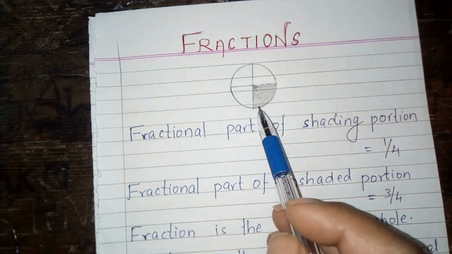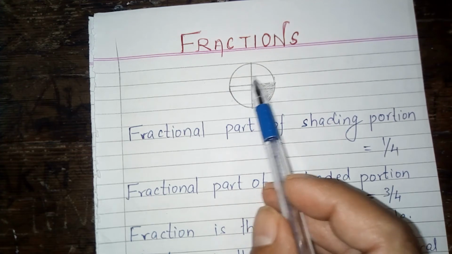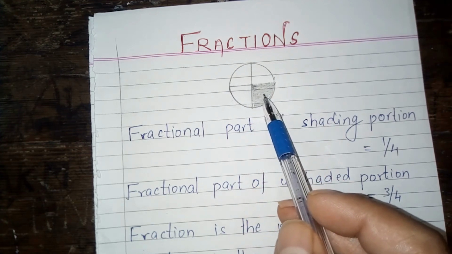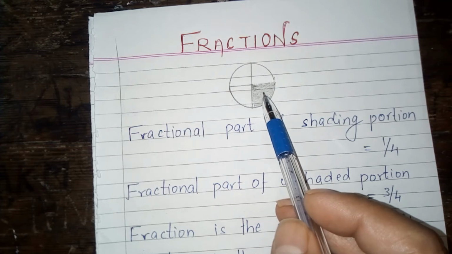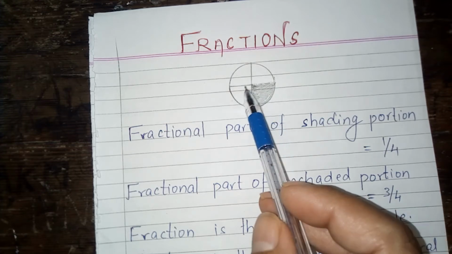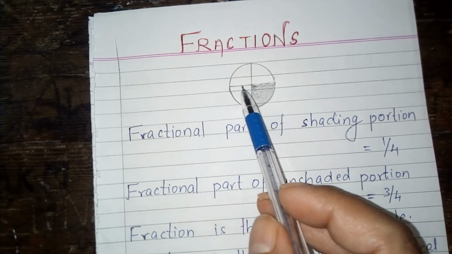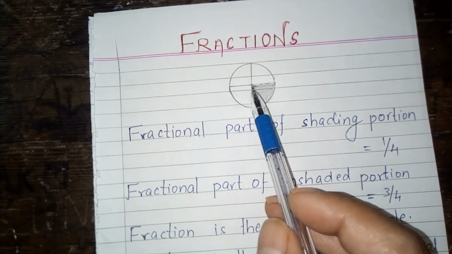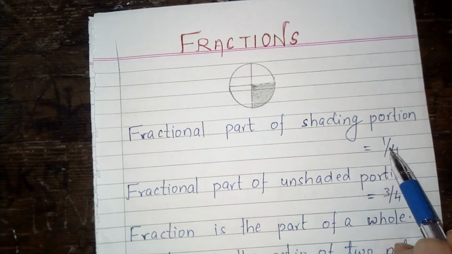So I have one question. In these four equal parts only one part is shaded. So the meaning is the fractional part of the shaded portion. The fractional part of the shaded portion in this figure is equal to 1 upon 4.